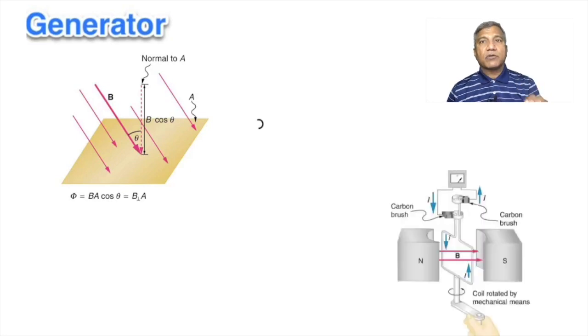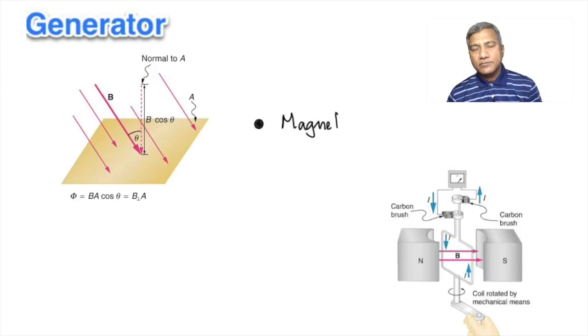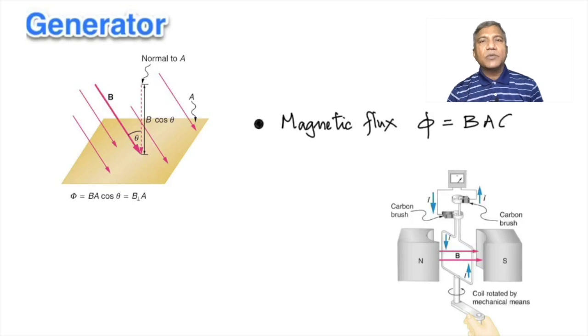So that's very important to notice that the magnetic flux, the symbol for magnetic flux is phi. Sometimes we put phi sub B to show that it's a magnetic field, and it's always given by BA cosine theta.